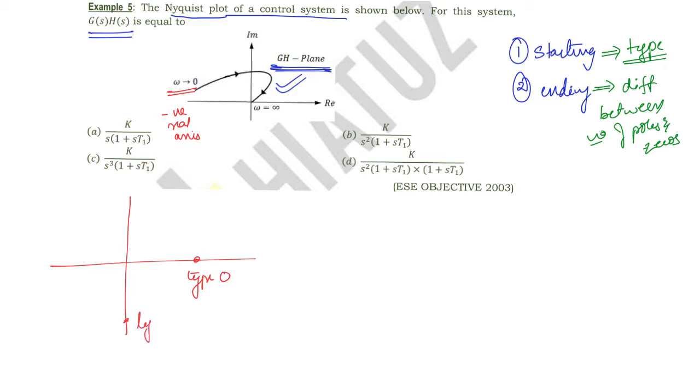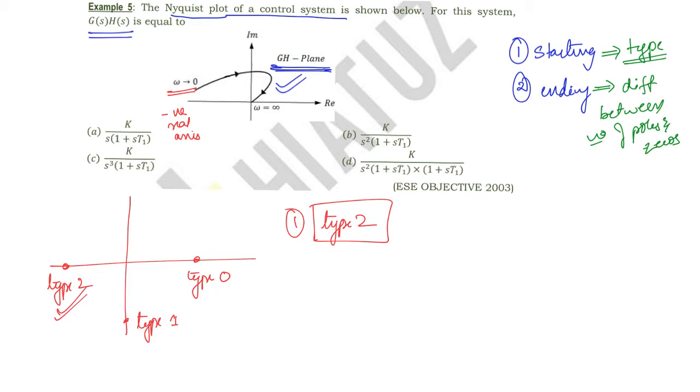This will be the starting point for type 1 systems and this will be the starting point for type 2 systems. That is the case here, so this function will be of type 2. This is the first clue that we have.